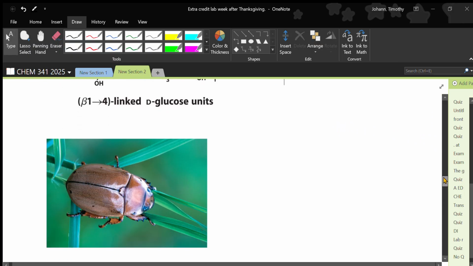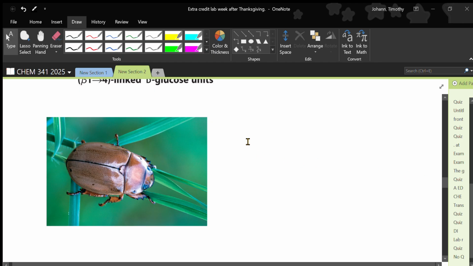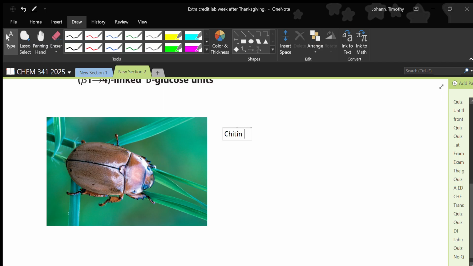Okay, so chitin is a variation on cellulose. Chitin, like that. So chitin is this shell material, okay? Insect shells. What else does it go into?